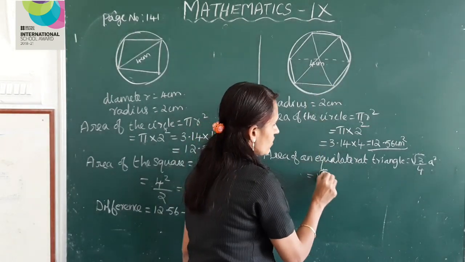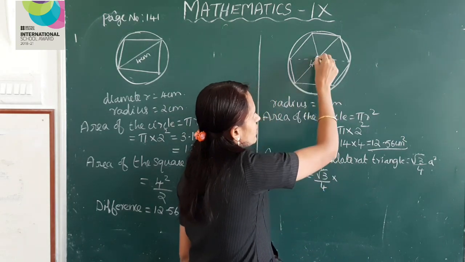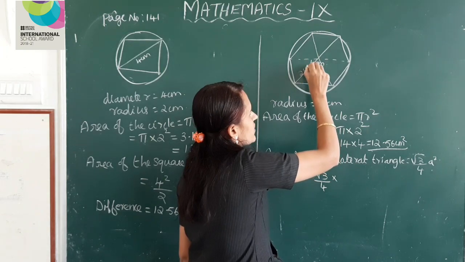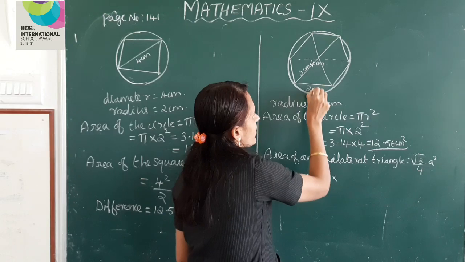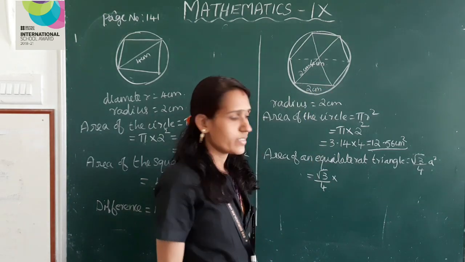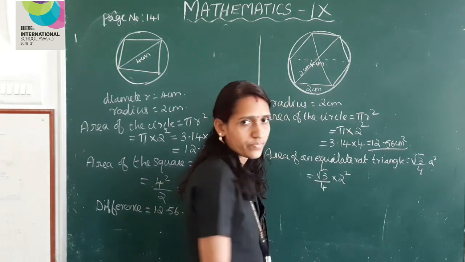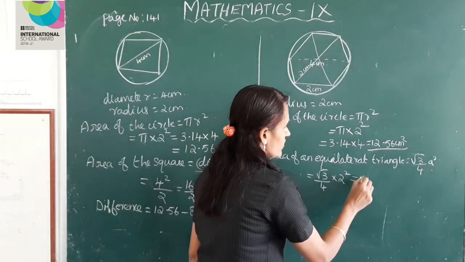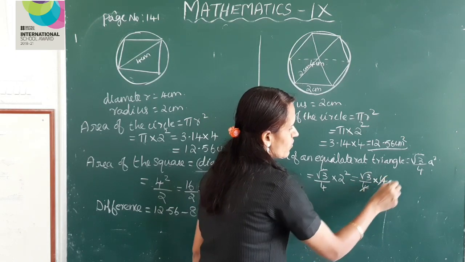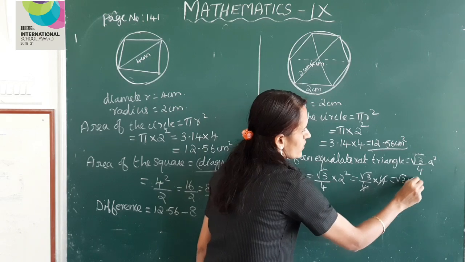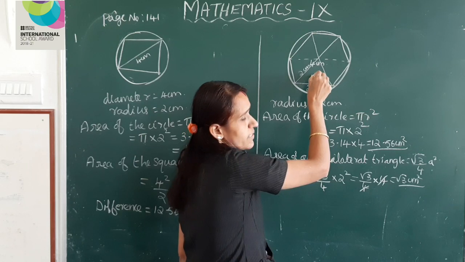Here radius is 2 centimeter. It is an equilateral triangle, so all the sides are equal. So one side of a hexagon is 2 centimeter. Root 3 by 4 into 2 square. Okay, this is equal to root 3 by 4 into 4. 4 divided by 4, root 3. Root 3 centimeter square is area of this triangle.